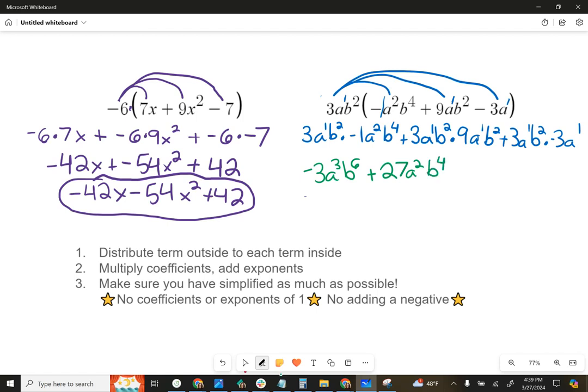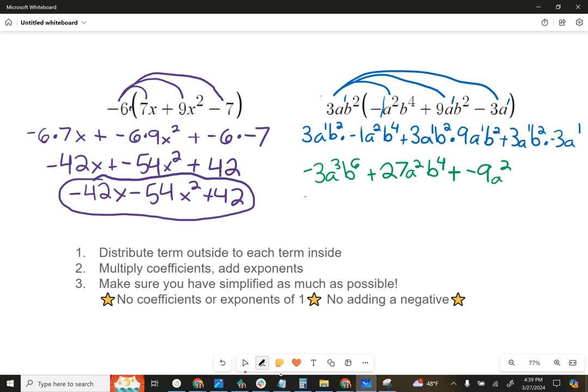So when I multiply, I did 3 times 9, which was 27. Our a to the first and a to the first made a squared, making sure to add an exponent of 1 wherever we need to combine. And then a to the first is a squared.